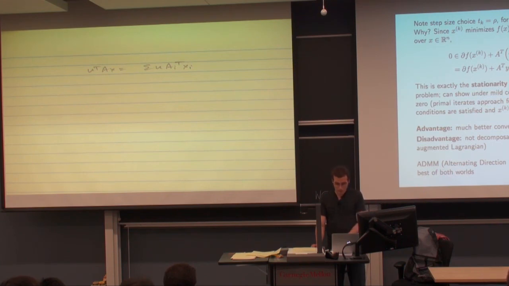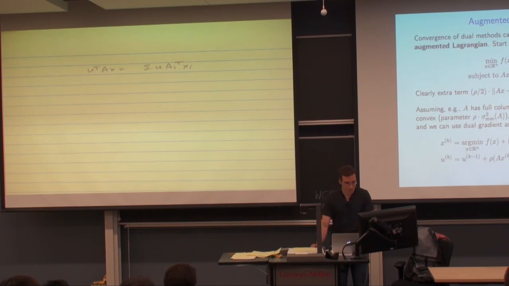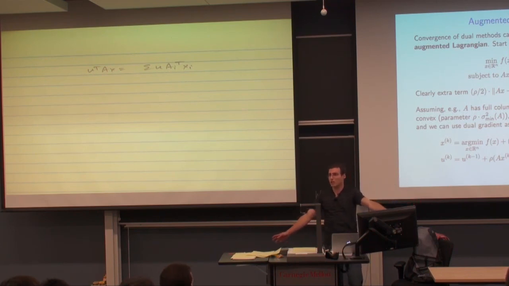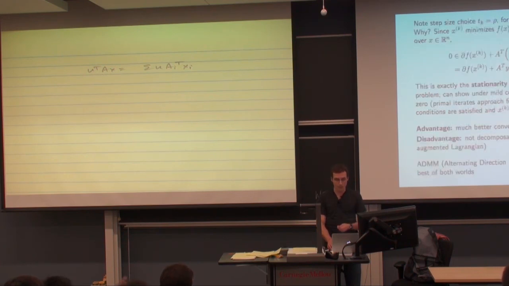You can already see why that would be true: for any f, as long as A has full column rank, the criterion is strictly convex. So the conjugate is differentiable and its gradient is Lipschitz, and I can already apply the arguments we did for gradient ascent to get the 1 over k rate. I didn't need a nice f for that, and generally we can put less strong assumptions on f to get good convergence here.